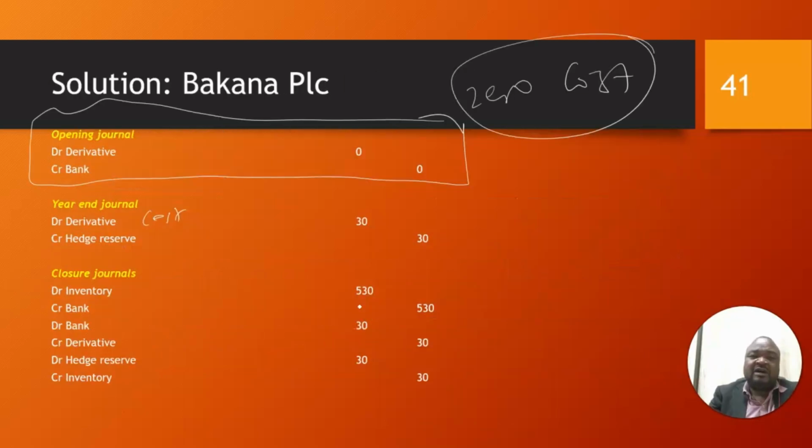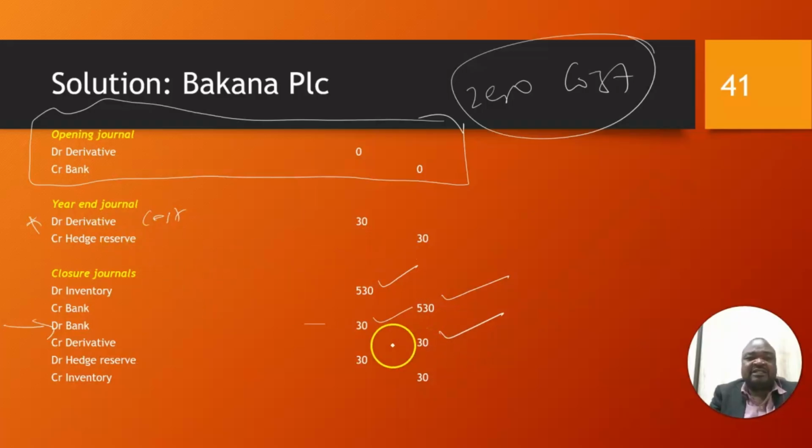So how do we close out now? Since we bought the consignment at 530, we debit inventory with 530 and credit the bank 530. We also have to debit bank because we received 30 million, and credit the derivative to derecognize the derivative which we had recognized earlier, right?